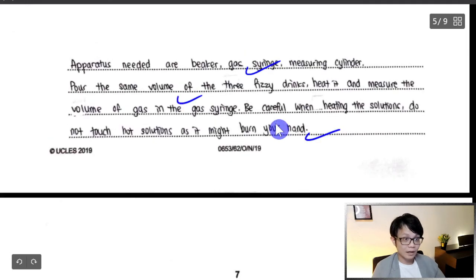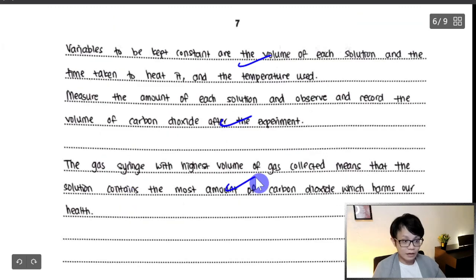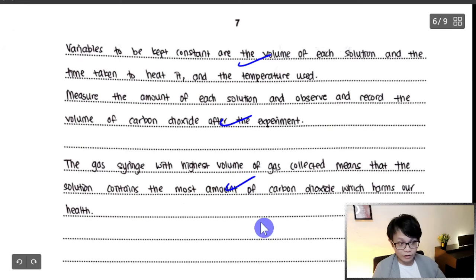And then how you will use the result to draw the conclusion. The one with the most gas is the gas carbon dioxide. So 1, 2, 3, 4, 5, 6. Eventually you got 6 marks, but this is a 7 mark question. The student did correctly, but maybe you can elaborate more.